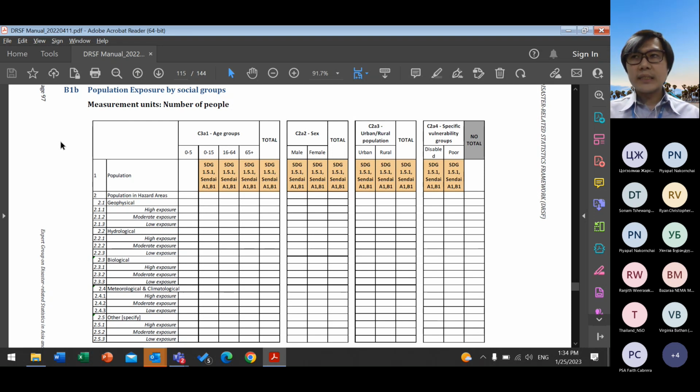One is the disaster occurrence information that will come on the rows of the table, and then a set of population information in the columns.